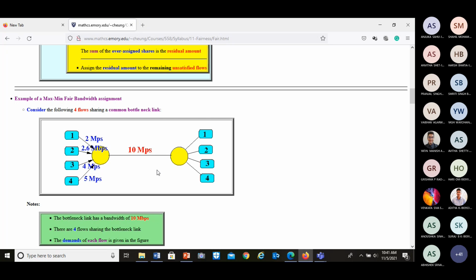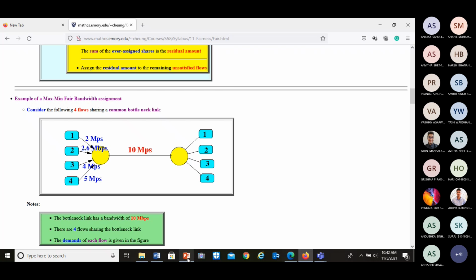That 50 paisa you can distribute among the other three. If you divide 50 paisa by 3 and allocate that fraction to the second user, the second user will also get more than 2.6 rupees. Then once again you distribute the excess to the other two users, 4 and 5.